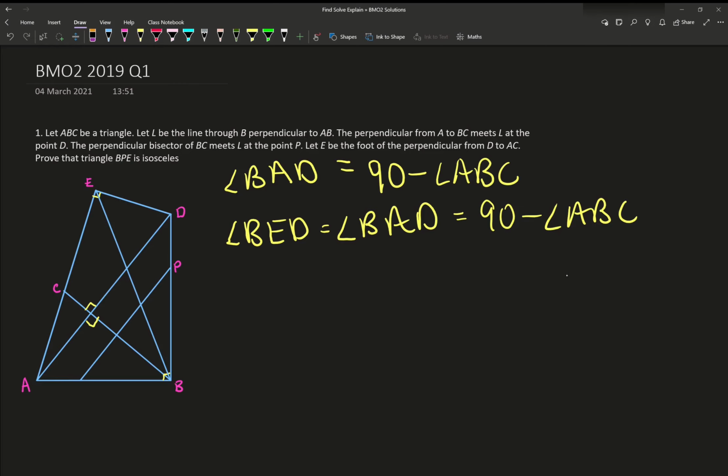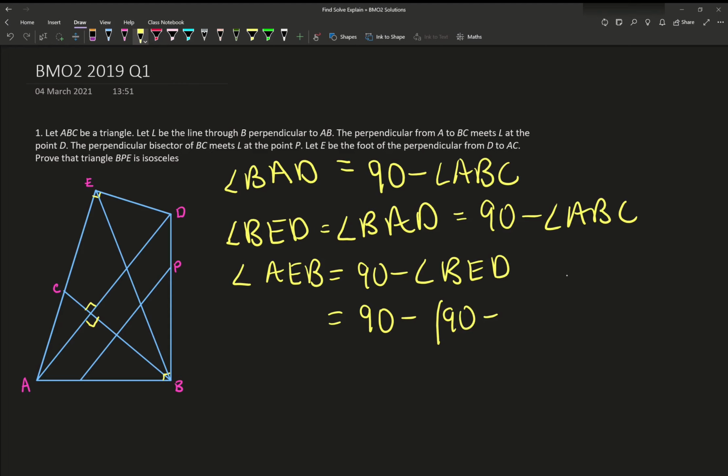As we know, angle AEB equals 90 minus angle BED, we can prove that angle AEB equals 90 minus 90 minus ABC from this equation, giving us ABC.